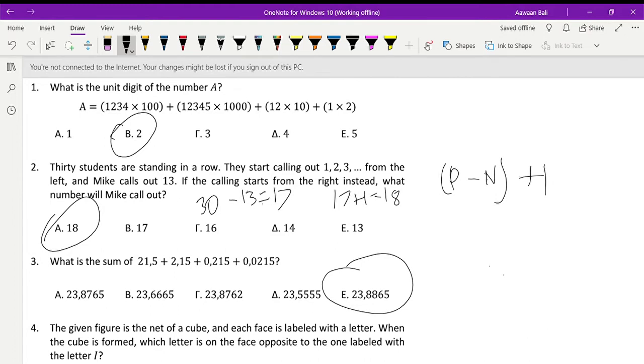So P minus n plus 1. And this is only for cases like these. So therefore the answer is alpha.